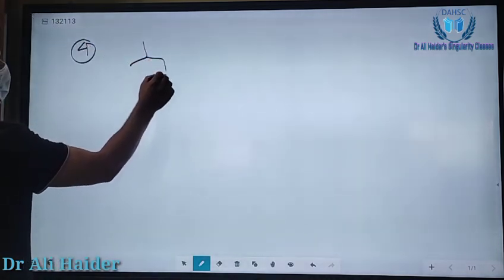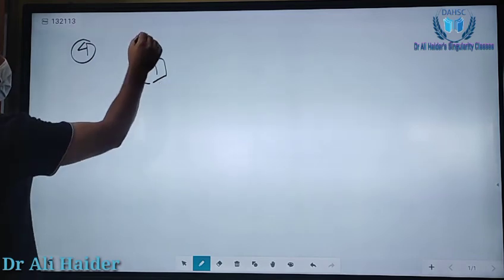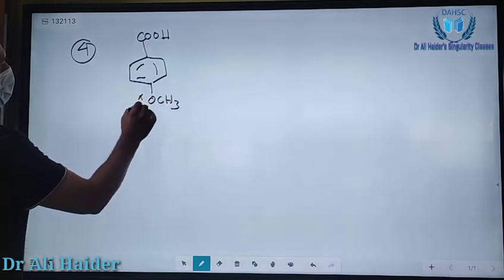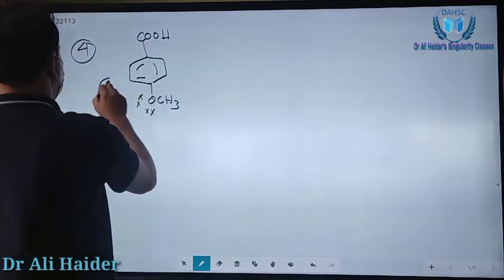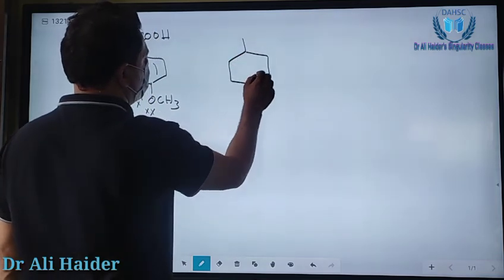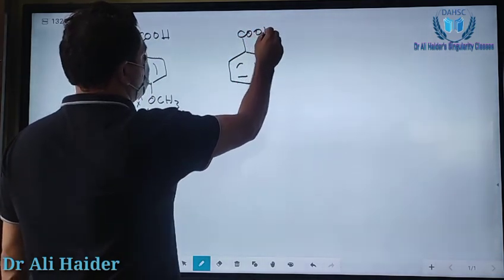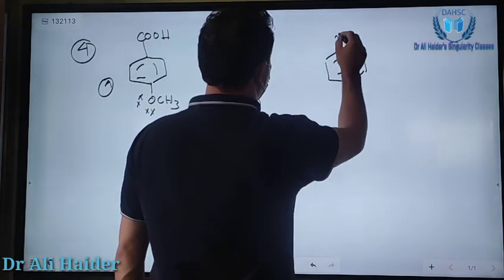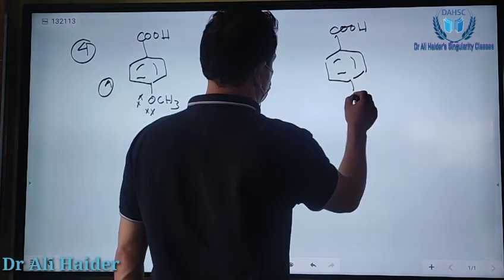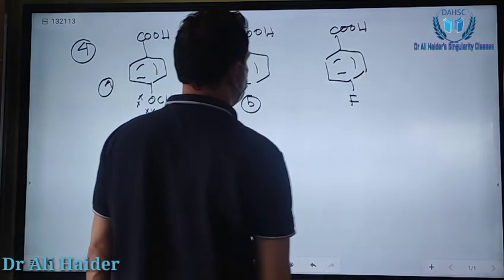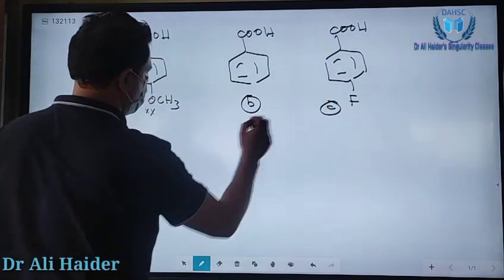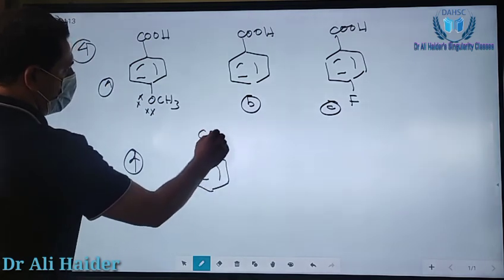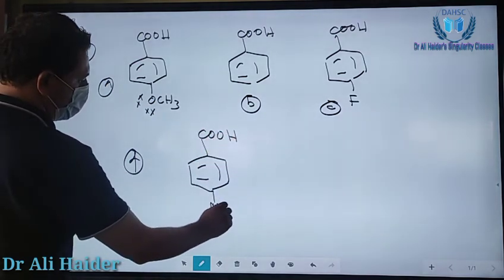Can you do it like this? If you have this one, COOH, then OCH3, the lone pair on oxygen. This is molecule A. Now if you have this one, simple benzoic acid, molecule B. If you have this one, COOH, with let me say fluorine here, that is molecule C. Now for molecule D, you have COOH with NO2.